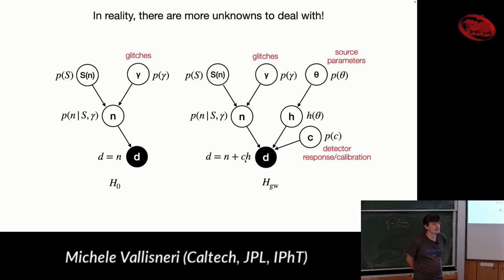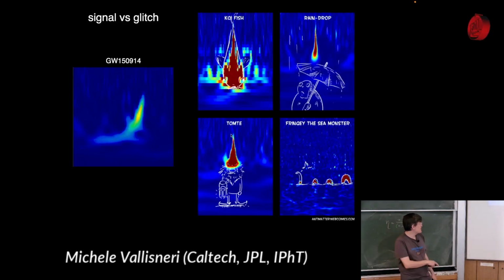Yes? So about the glitches, in practice, you could remove the data where there were glitches or subtract them. So what do you do in reality? Both. These glitches, you see them in your strain output. Many of them you will also see in the auxiliary channels.